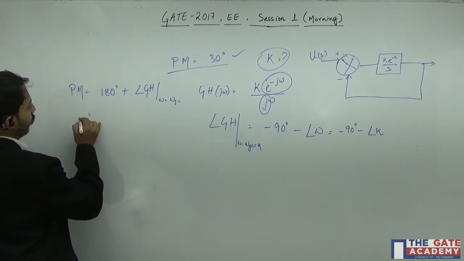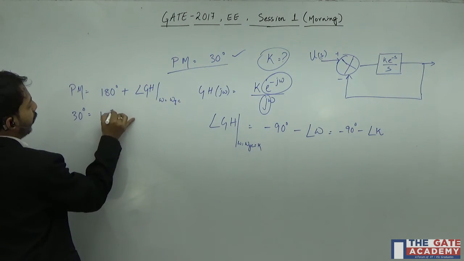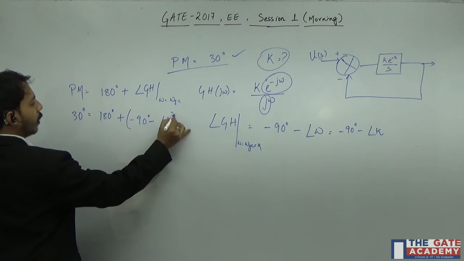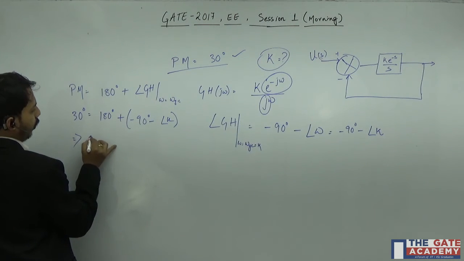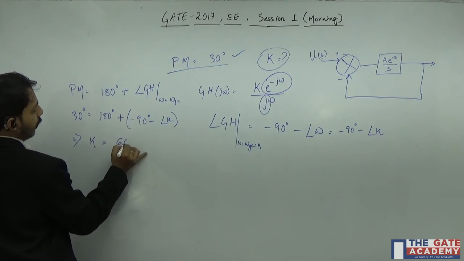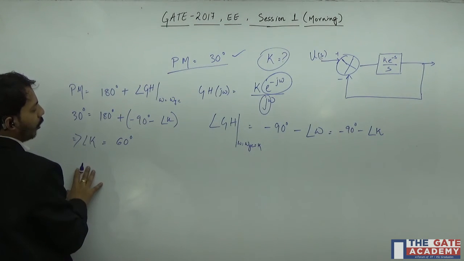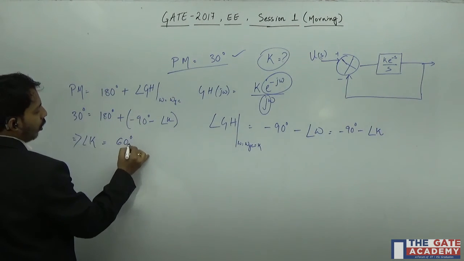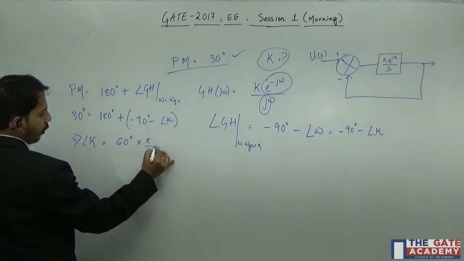Now this is 30 degrees, this is 180 degrees, and this is minus 90 minus K. From here we can see that K will be 60 degrees. But we need this value in radians, since omega is in radians, so we have to multiply by pi by 180.